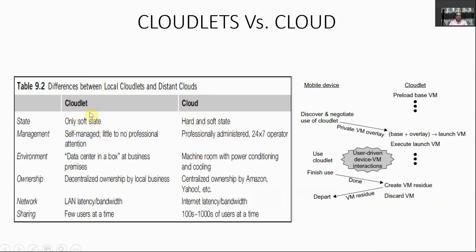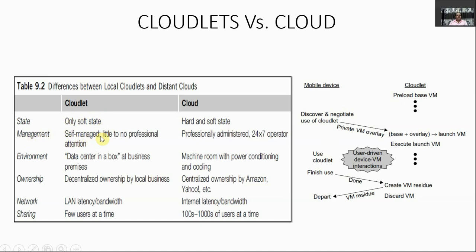Basically, when we talk about state, it means it uses the hardware which is available with the cloudlet, and then the result is used by the mobile device. So processing is done at the cloudlet, so it has both states, hard and soft state. Over here the cloudlet has only soft state.